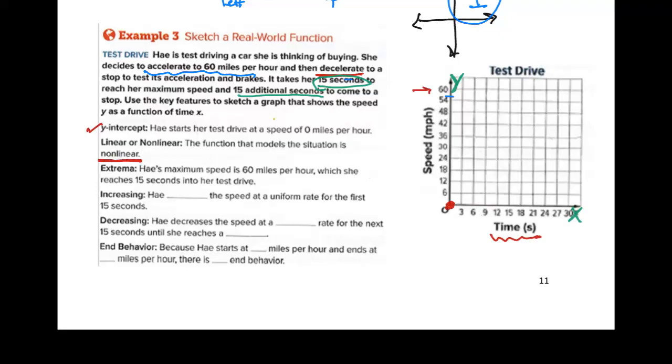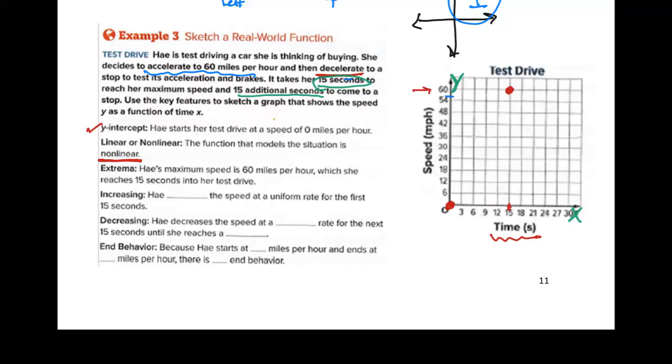It takes her 15 seconds to reach 60 miles per hour. So 15 seconds, I'm looking down here, and 60 miles per hour is going to put the second point right there, because it takes 15 seconds. Okay?